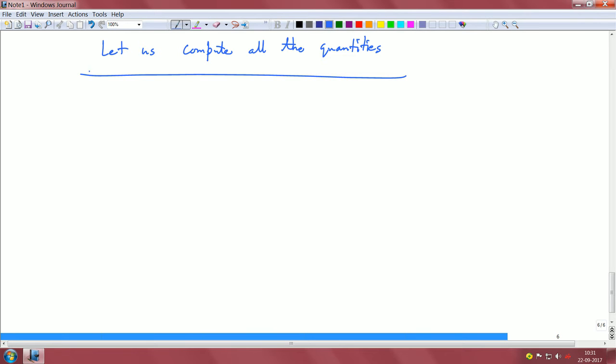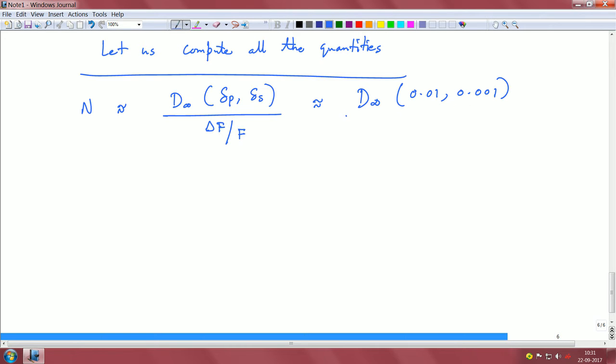Now, n is approximately d infinity of delta p comma delta s. We ignore the -1 factor there, and we will say this is going to be delta f by f. So, if you plug in the delta p and delta s that we have, which is 0.01, 0.001, divided by delta f is 5 hertz, f is basically 10 kilohertz.